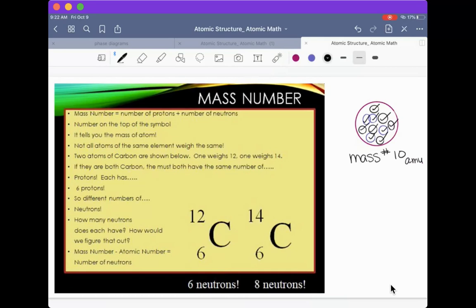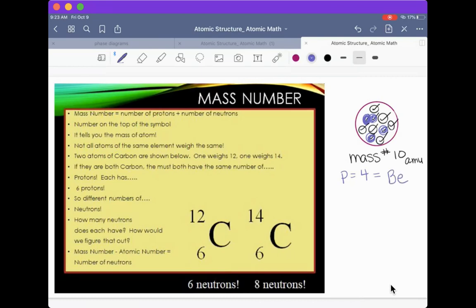Now I could even go as far as to identify that atom by counting the number of protons. So 1, 2, 3, 4. It has 4 protons, which means its atomic number is 4, telling me that this atom is a beryllium atom.